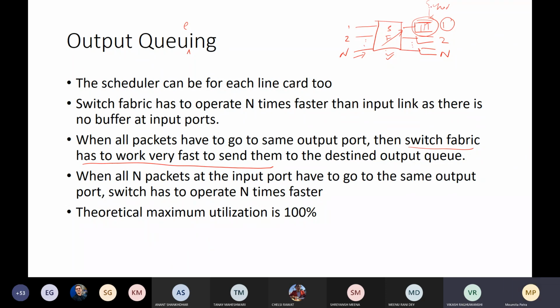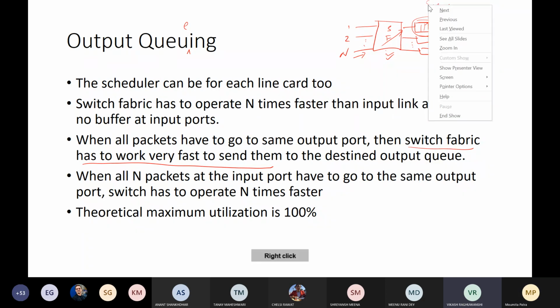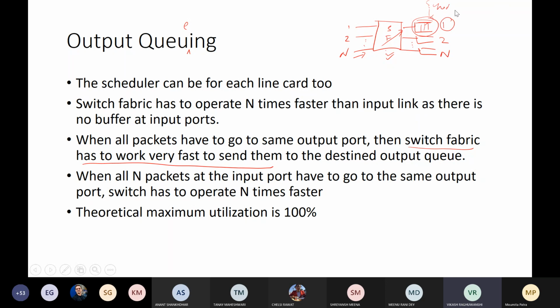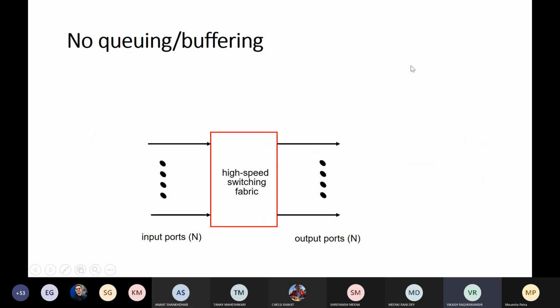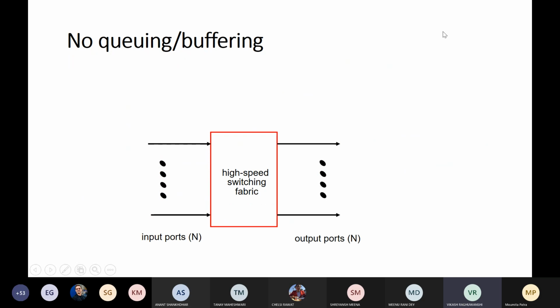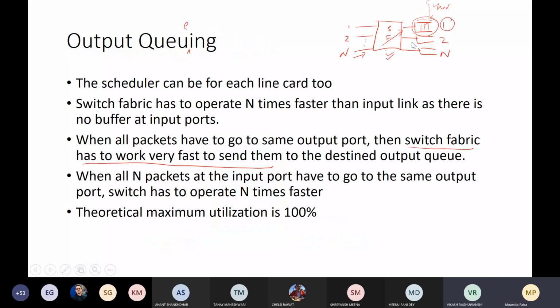My handwriting. Just a second. Eraser. Yes. Okay, fine. Just a second. Just wait a second.